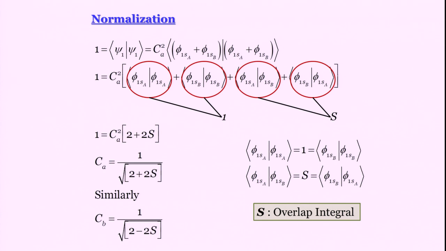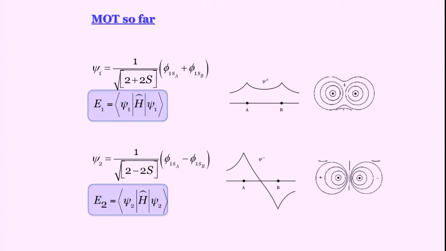Similarly, you can work out yourself this time. Cv, the coefficients for the antibonding orbital, turns out to be 1 by root over 2 minus 2s. Okay. So, now we have the wave functions completely defined.